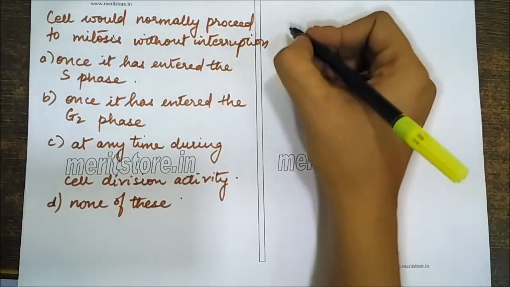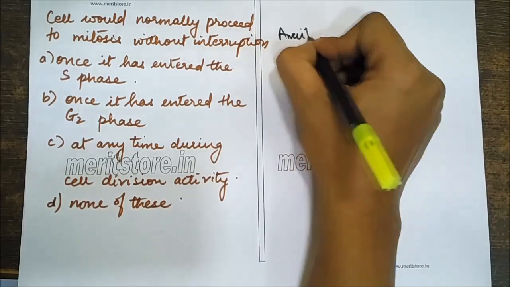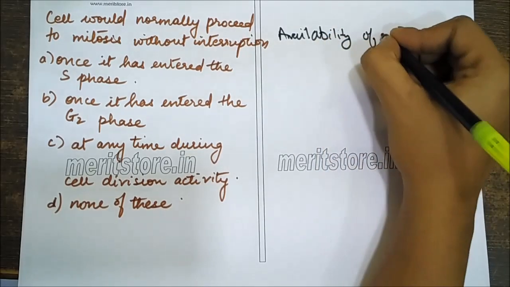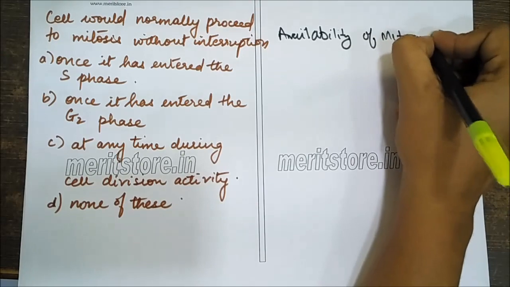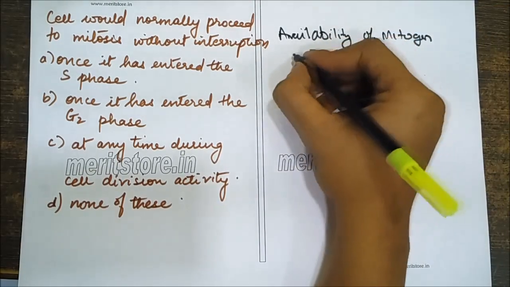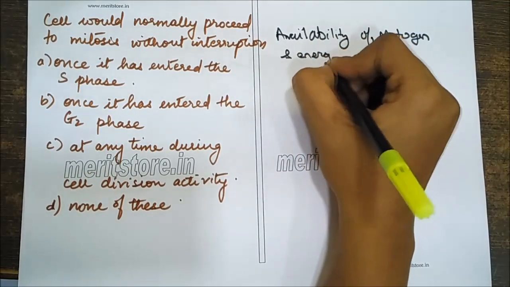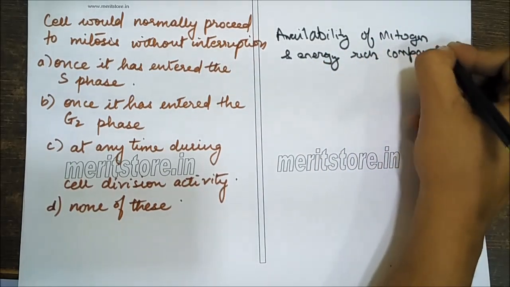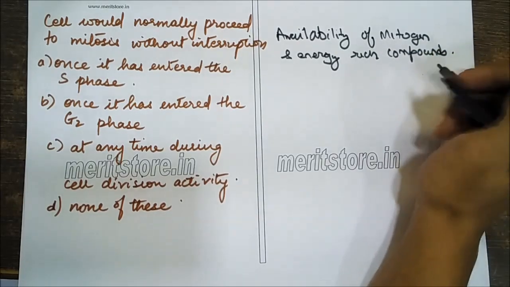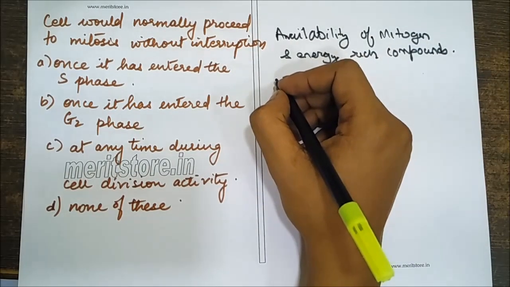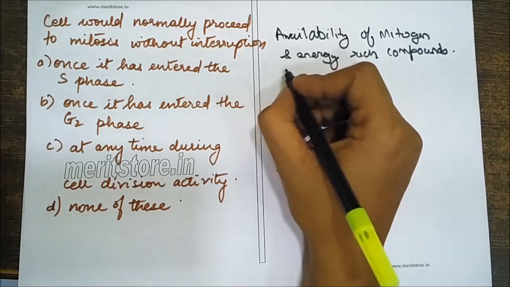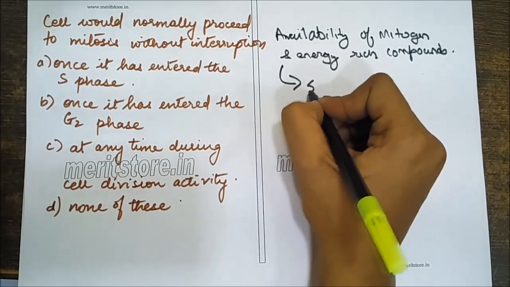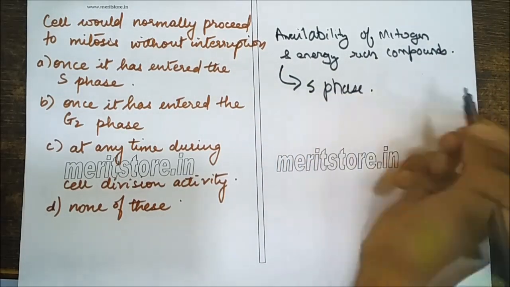See, what happens is the availability of mitogen and energy rich compounds will decide whether the G1 phase will undergo arrest or enter the S phase. So if there is enough mitogen and energy rich compound, then it undergoes the S phase.